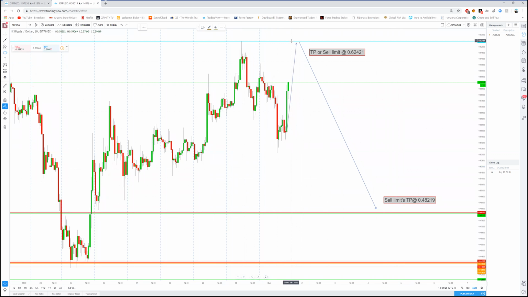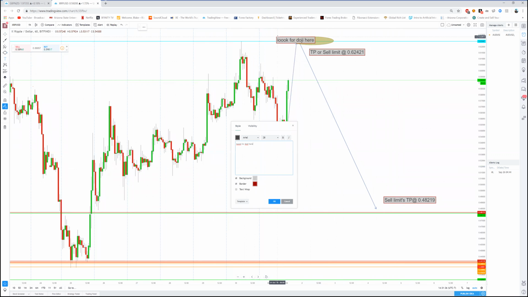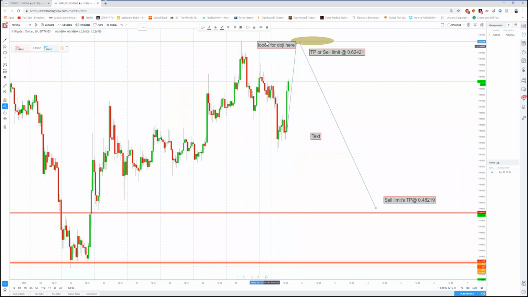If there's a doji there, yep, look for a doji there. Oops, didn't mean to make that one. In the circle. Yeah, see, we can already see that so far, at least, price is moving up.